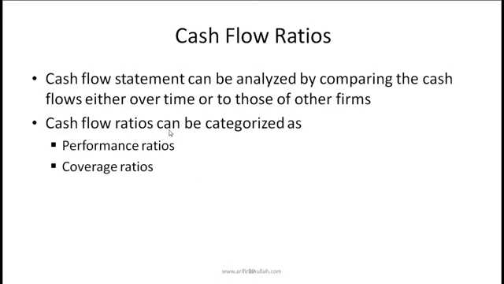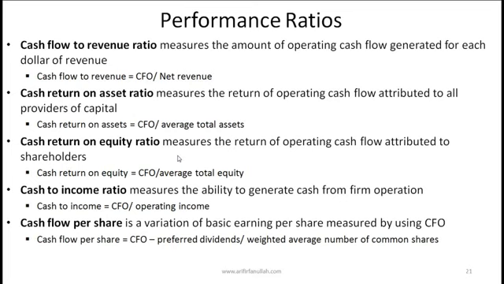These are just ratios that need to be memorized, and you'll see them in a little more detail in the next chapter. Cash flow statements can be analyzed by comparing the cash flows either over time, which would be time series analysis, or to those of other firms, which would be cross-sectional analysis. Broadly speaking, you can categorize ratios as performance ratios and coverage ratios.